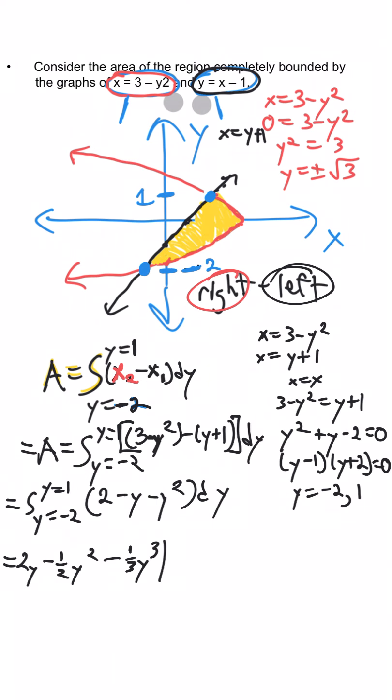All evaluated from y equals negative 2 to y equals 1. Now I can certainly do this out by hand, but for my own speed here, I'm going to put this into my calculator and give you an answer. According to my calculator, I'm getting 9 halves, of course, units squared.